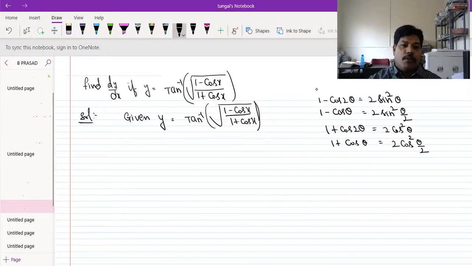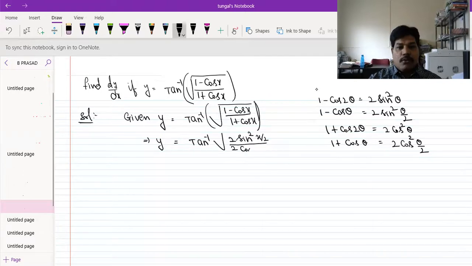Then what will the problem become? y is equal to tan inverse of square root of 1 minus cos x, which becomes 2 sine square x by 2, by 1 plus cos x, which is nothing but 2 cos square x by 2.